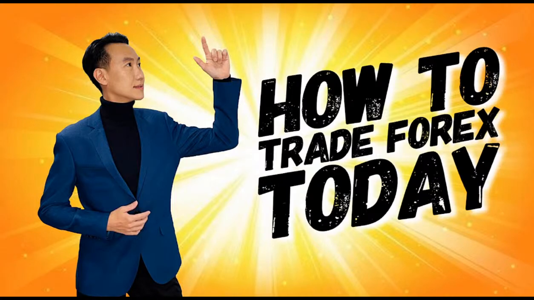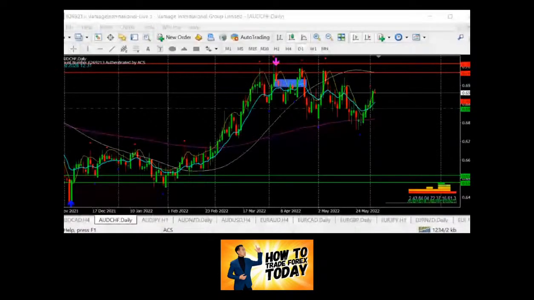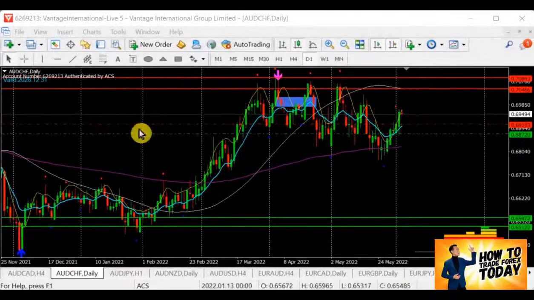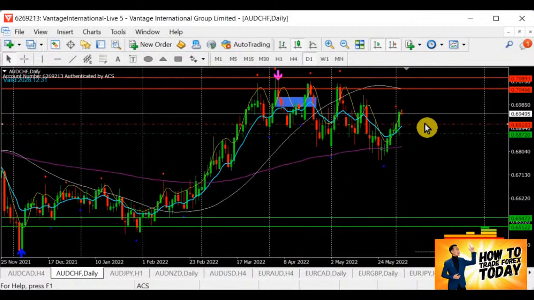Okay, so let's move again to Aussie franc. Let's take a look at Aussie franc here. I think it is also very obvious that right now we are moving towards the north. However, in the general trend, looking at the whole chart here, it seems like it tested a few rounds going down for a lower resistance and now coming for a lower resistance as well.